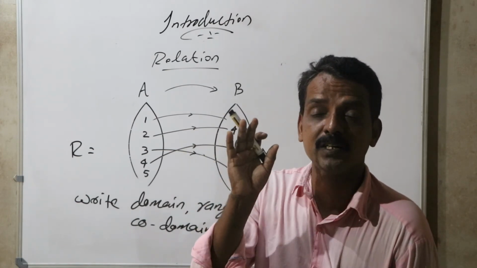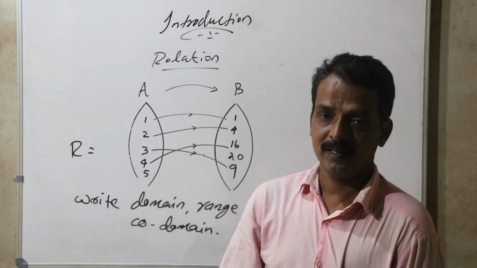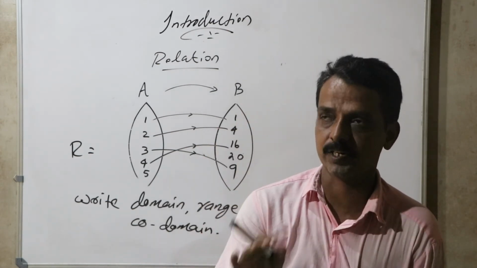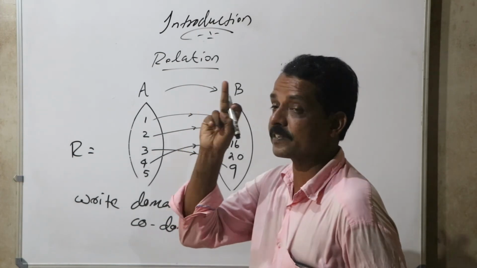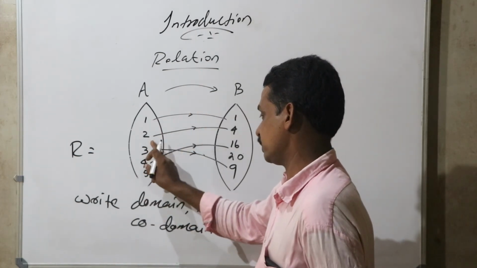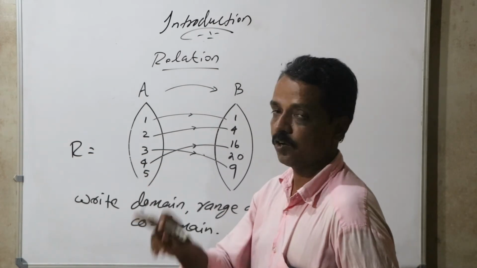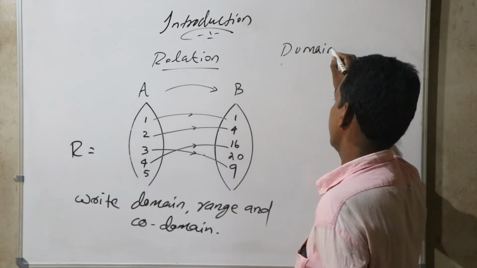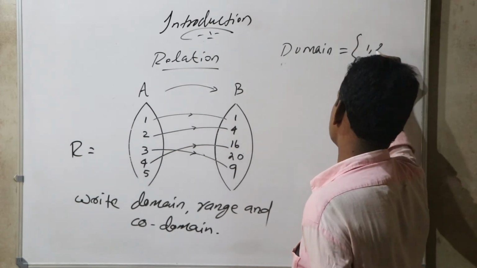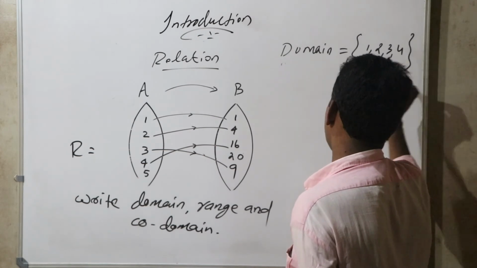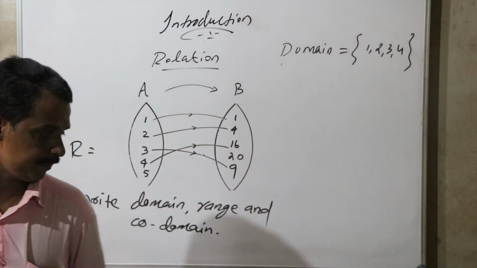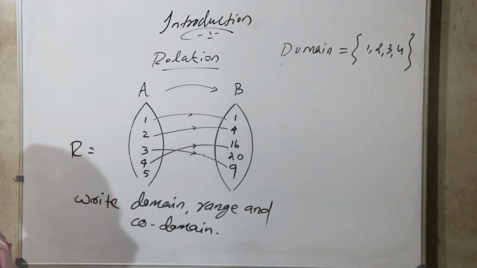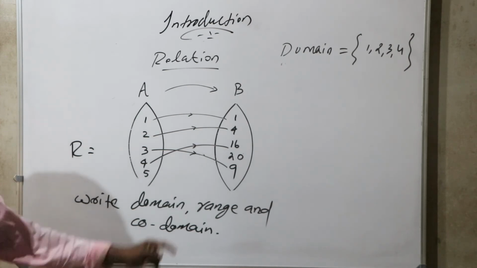Domain is the set {1, 2, 3, 4}. 5 is not an element of the domain.